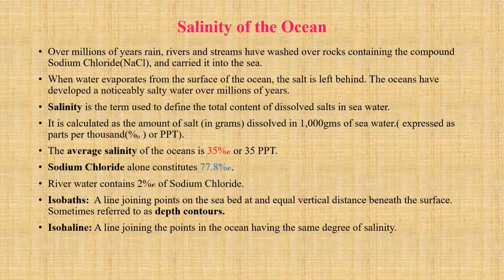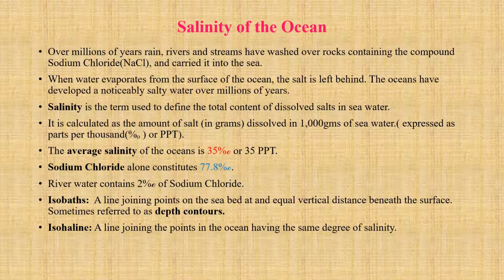The average salinity of the oceans is 35 parts per thousand or 35 ppt. When you take ocean water randomly, it has a salinity of 35 parts per thousand. For example, if you take 1000 grams of seawater, there is 35 parts per thousand salt in that water. Next, we go for sodium chloride.